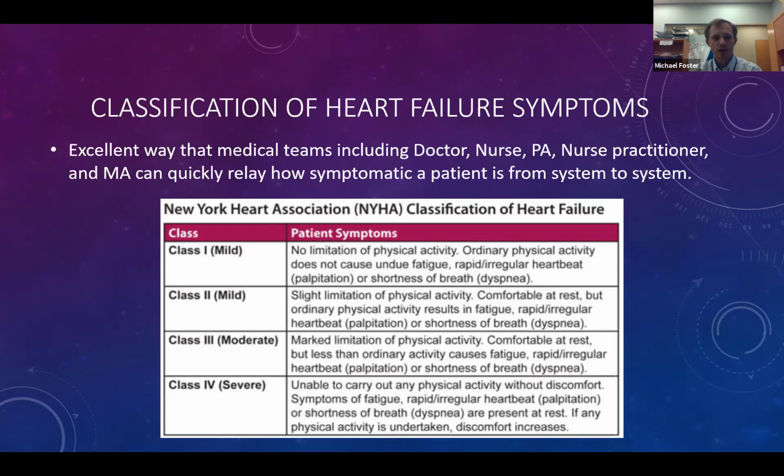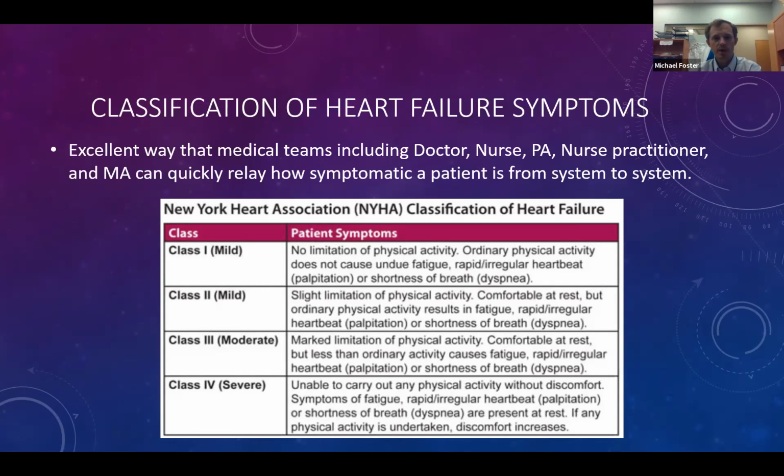It's also useful when classifying patients with respect to what kind of therapies they will need or may qualify for. But this may be written on the chart that you see as NYHA 1 or NYHA 2 with the Roman numerals beside it. As you can see, when you move from class 1 to class 2, you develop symptoms.